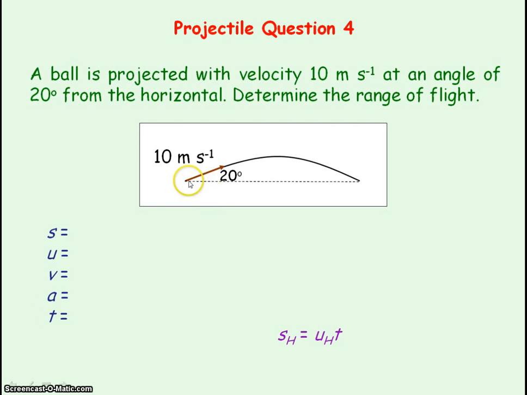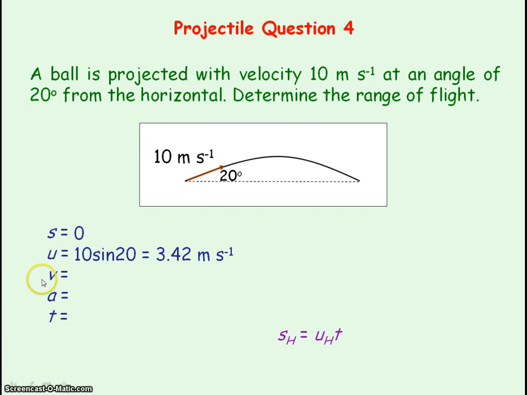So vertically, the time of flight, S will equal 0 because the initial displacement and the final displacement vertically is the same point. The initial vertical velocity will be the initial component of this velocity vertically, so is 10 sine 20.